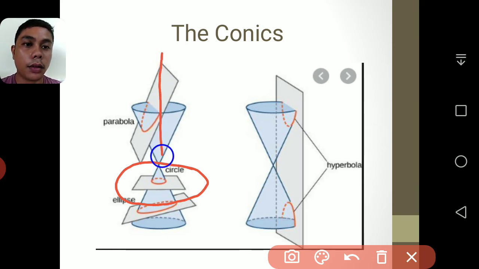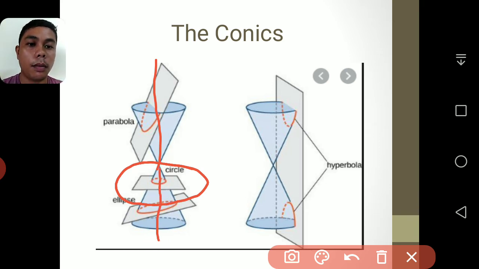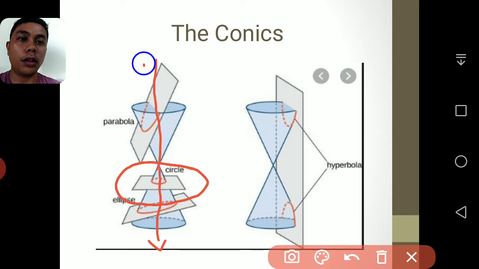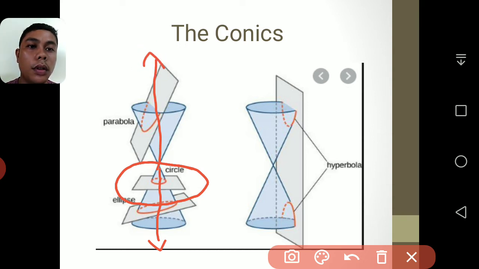Just imagine a straight line pinching through the two cones, and this is actually perpendicular to the bases of the two cones there.